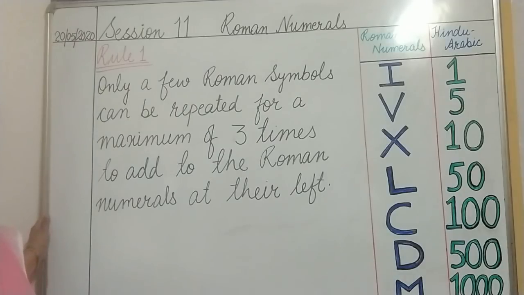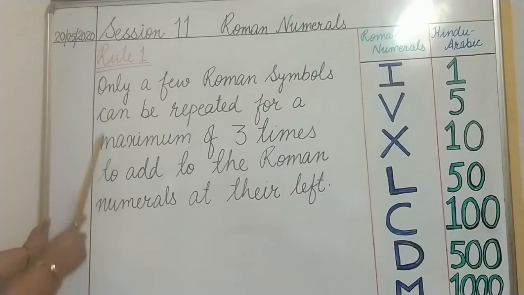How it is applicable, we can learn by understanding some rules which are set up. So here I have written rule 1, and all the rules are given in your book, but one by one I will explain these rules.